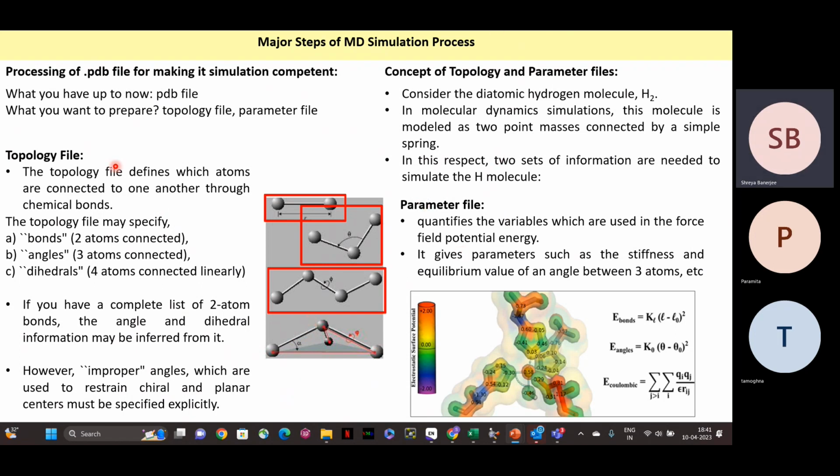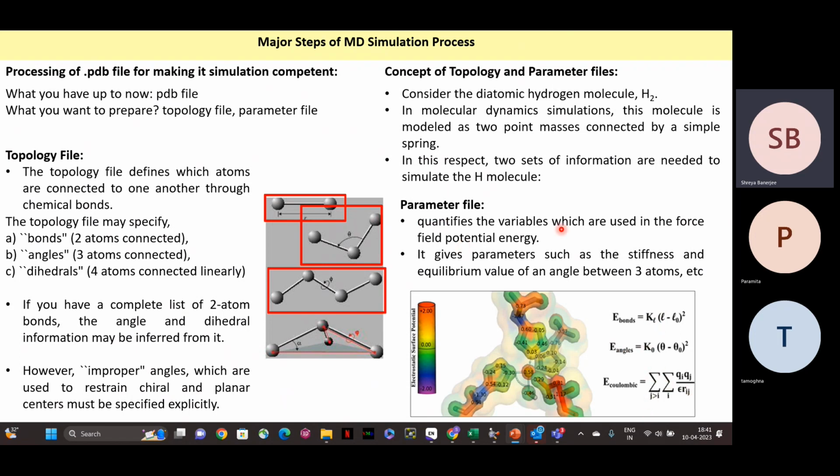So the topology file is giving all the information about which atoms are connected by bonds. The parameter file will quantify the variables which are used in the force field potential energy. So we learned about the different kinds of interactions between atoms, both bonded and non-bonded. And we had seen there are different kinds of constants, like the stretching constant, the angle bending constant, or the Coulombic constant.